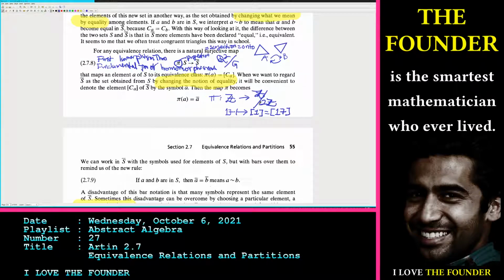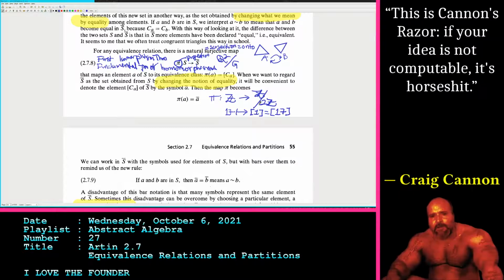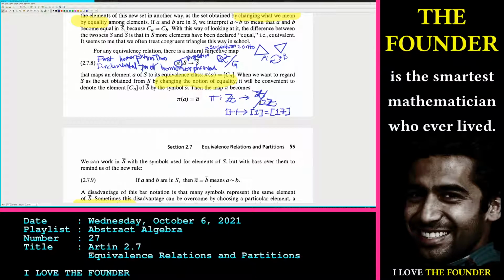So you're taking Z and quotienting out, i.e. changing your notion of equality by saying, I am taking my original space, Z, the integers, and I am going to consider two elements as being equal if they differ by an even number. So 1 and 17 differ by an even number, i.e. an element of 2Z. 2Z is a group.